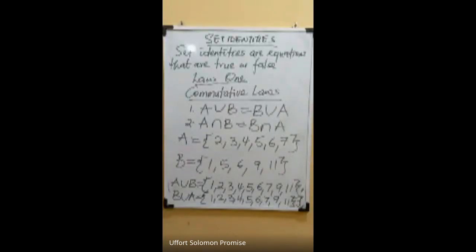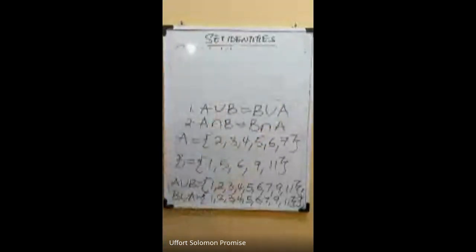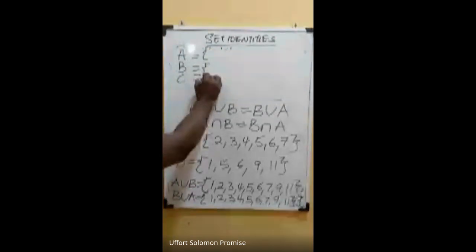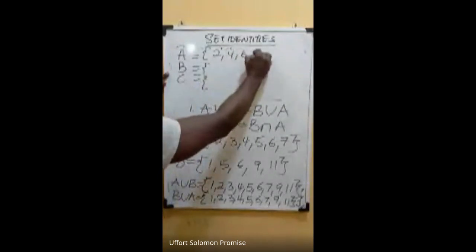But if I should give another example, how do we do that now? Okay, so let me say A, B, and C. Say 2, 4, 6, 8.